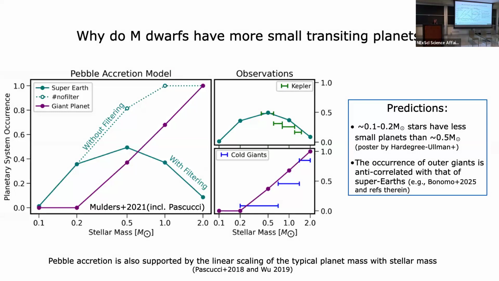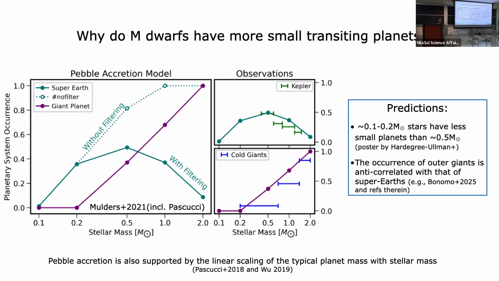And then another prediction, not just of this model but more generally of the pebble accretion model, is that you should see an anti-correlation between the presence of outer gas giants and your sub-Neptunes and super-Earths. There is a lot of literature about that. It seems like more data would be necessary.